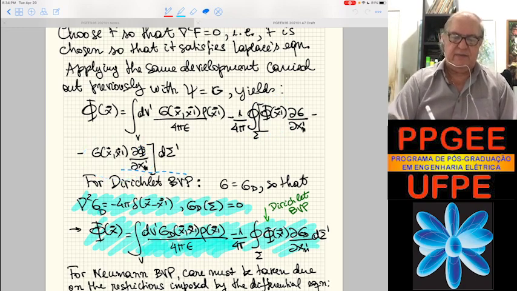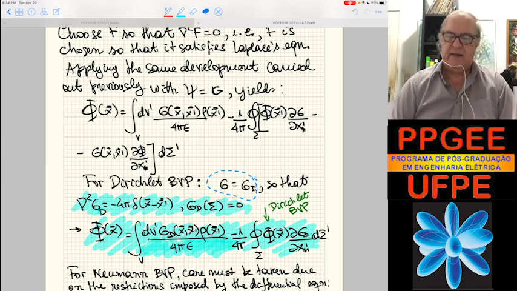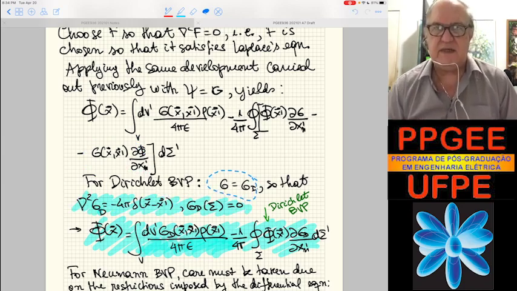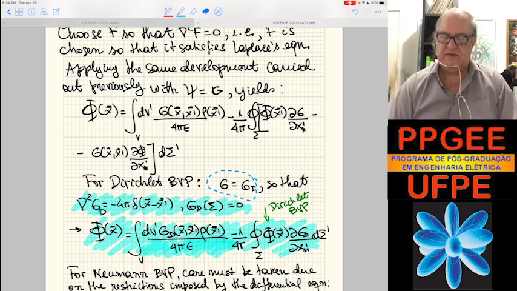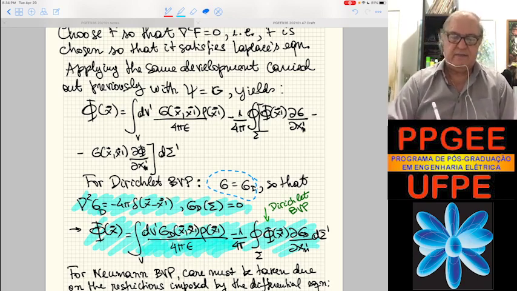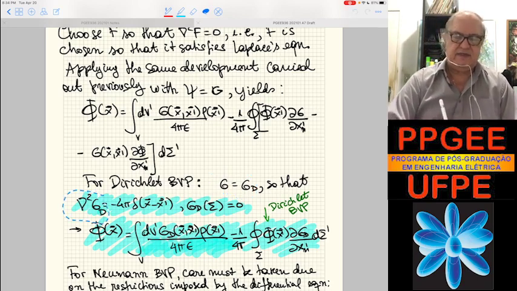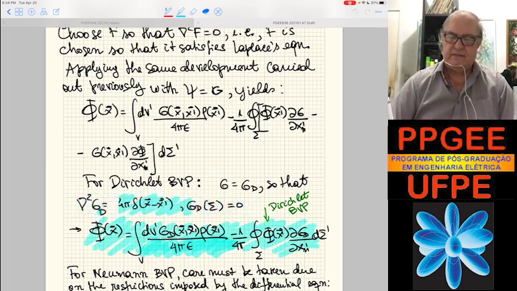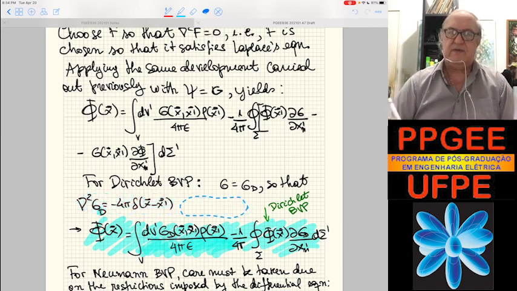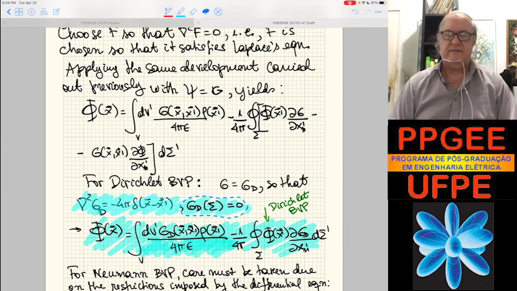For the Dirichlet boundary value problem, I just specify a function GD, which is the Dirichlet Green's function, so that the Laplacian of GD equals minus 4 pi delta, right? And GD equals 0 on the boundary.